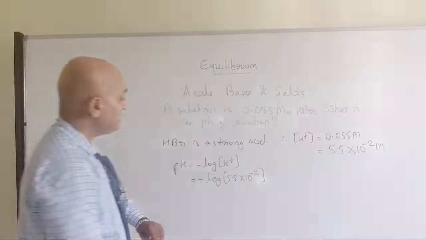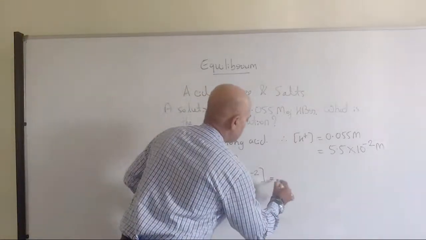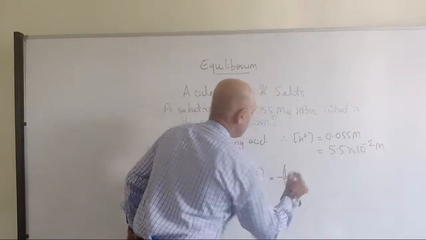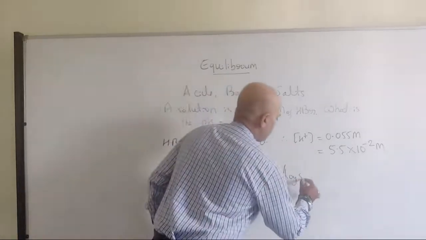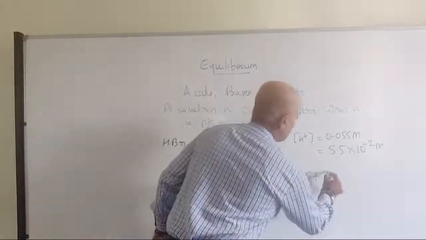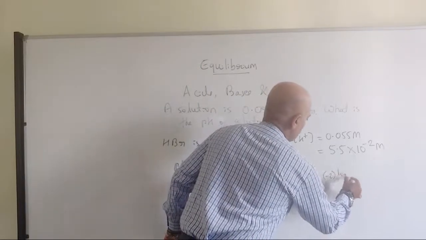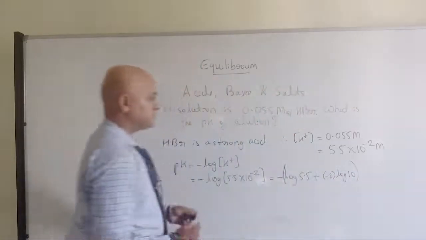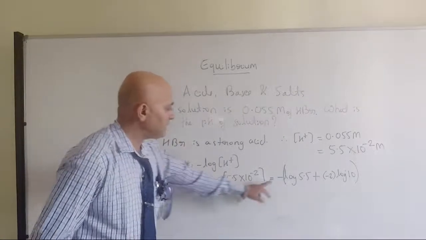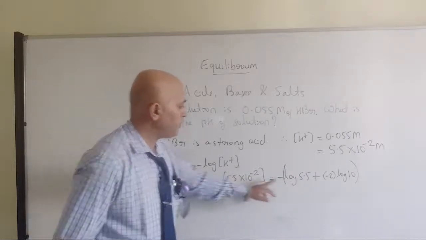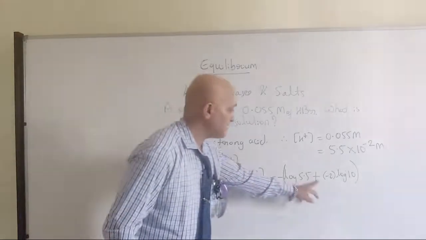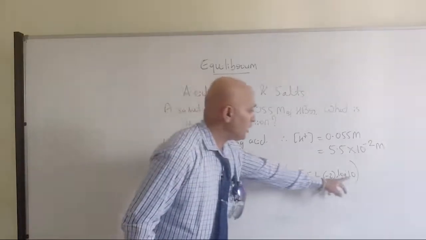Now I can rewrite this as minus log of 5.5 plus log of 10^-2, keeping the minus outside. So it is log of 5.5, plus, since multiplication is there, minus 2 log of 10.